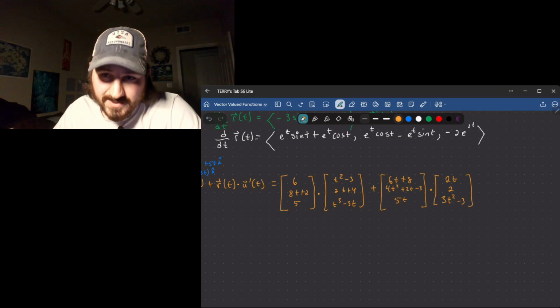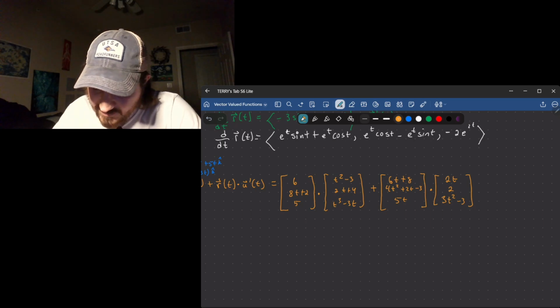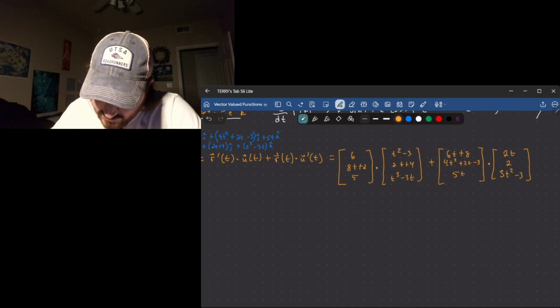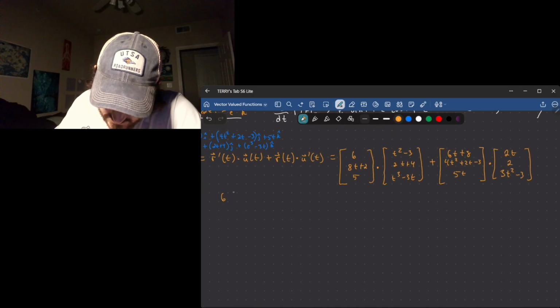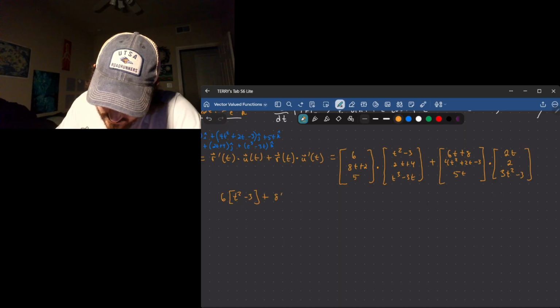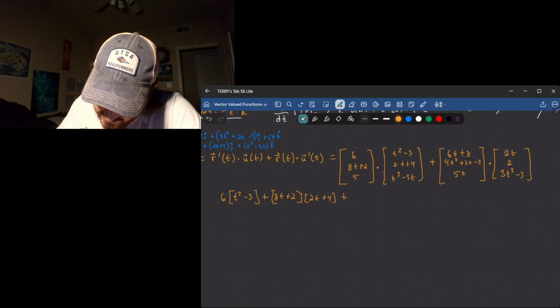Okay, now we get to take our dot product, right? In this form, it makes it a little more straightforward to do our dots. So what we're going to have is 6 times t squared minus 3 plus 8t plus 2 times 2t plus 4 plus 5 times t cubed minus 3t.